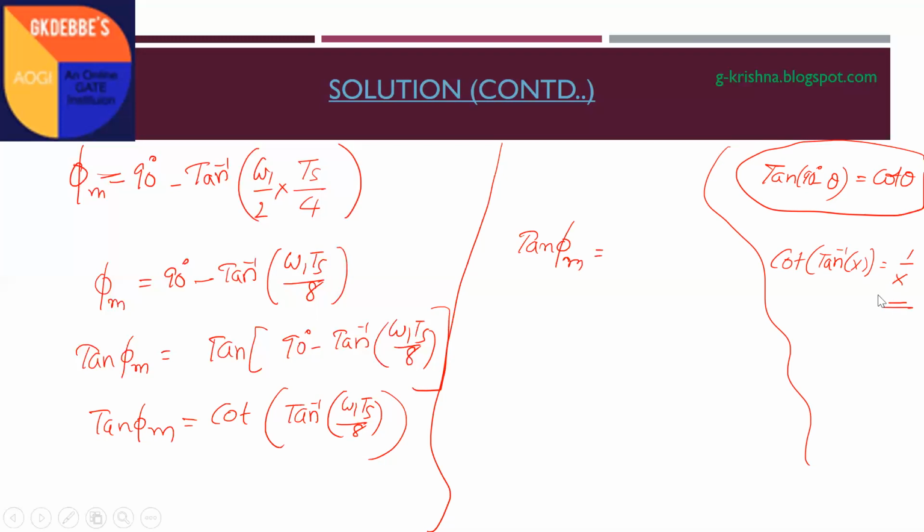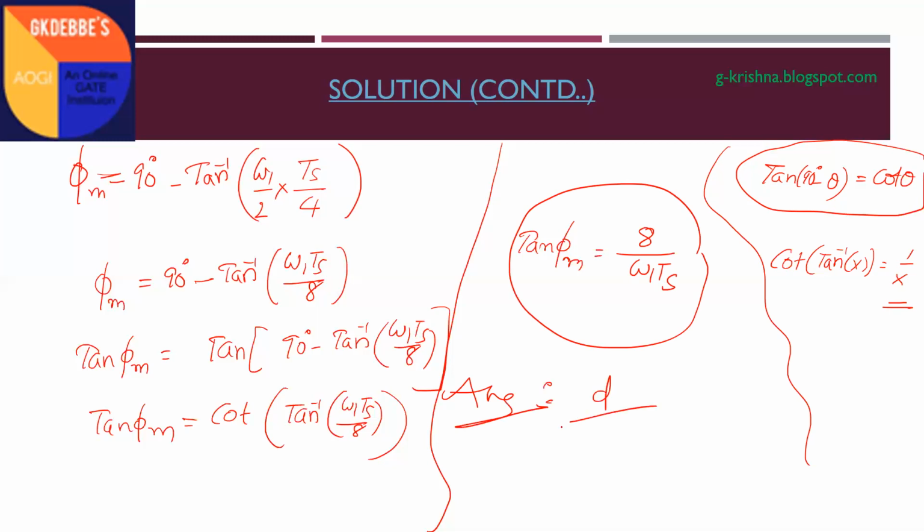Why? Because tan inverse of x we can write as cot inverse of 1 by x, and cot of cot inverse of 1 by x is 1 by x. Therefore, cot of tan inverse of x is 1 by x, which means tan phi m we can write as 8 by omega 1 into Ts. Hence our correct option is D. Thank you.